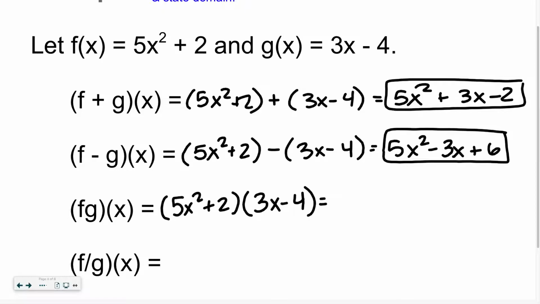In division, crossing things out is just factoring the numerator and factoring the denominator. And that's all I have to do. They're being multiplied together. Like 5x plus 2, those are both terms, and that can't be factored.